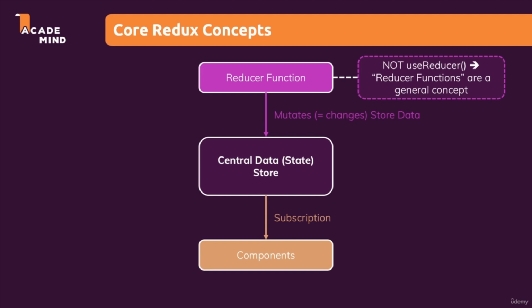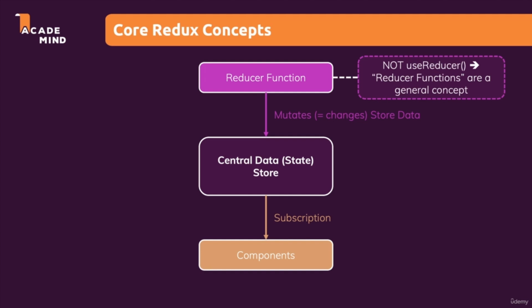They reduce it. For example, they can reduce a list of numbers to the sum of that number. And that's just one example. But they, in general, transform inputs and spit out a new output, a new result. So that's a general programming concept which useReducer, this hook, uses, and which this reducer function, Redux, will use, also uses.